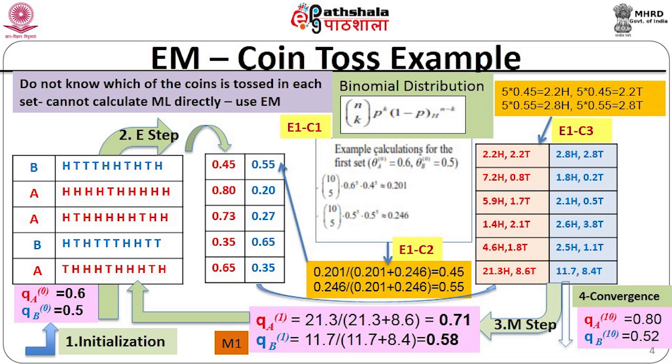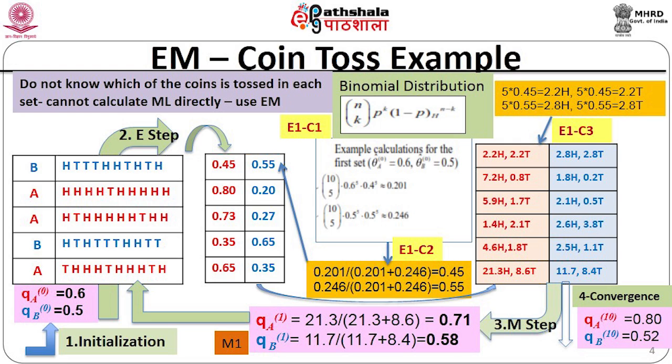Here, based on this probability of 0.45, I have chosen in the first toss 5 heads and 5 tails. So, I will show you how this is calculated. 5 into 0.45 if it was red is equal to 2.2 H, 5 tails into 0.45 again 2.2.